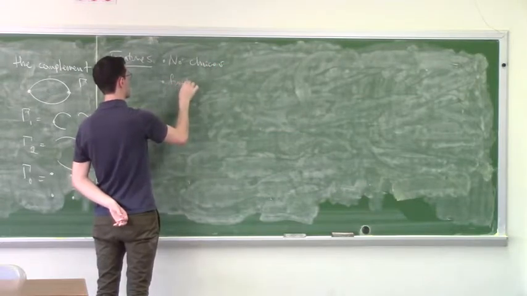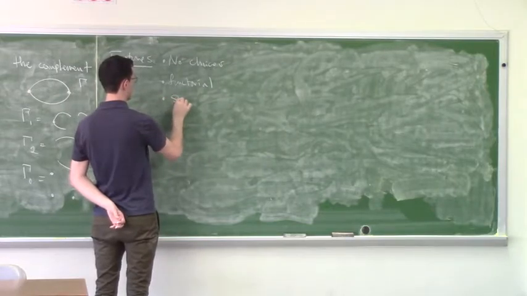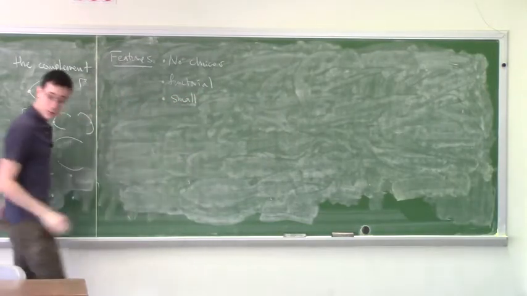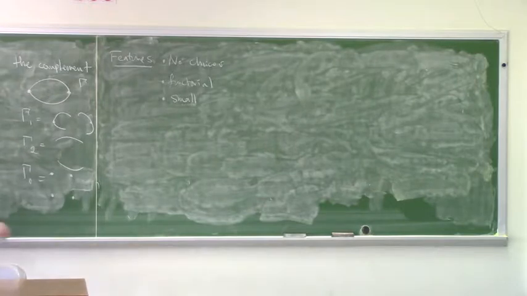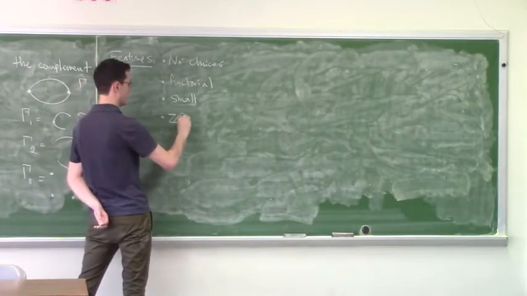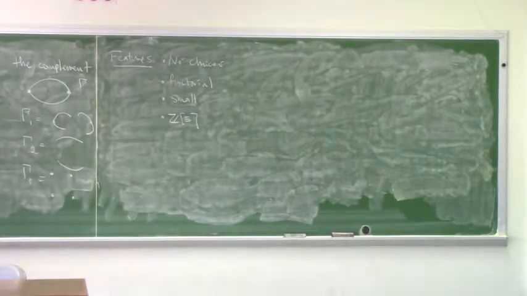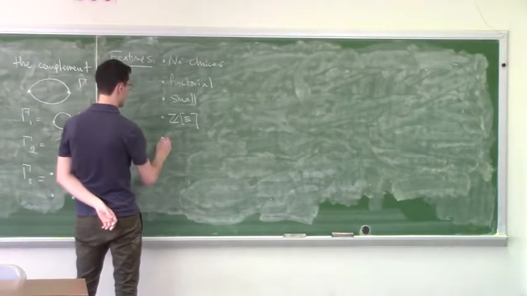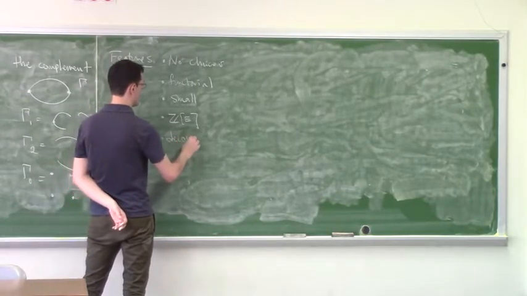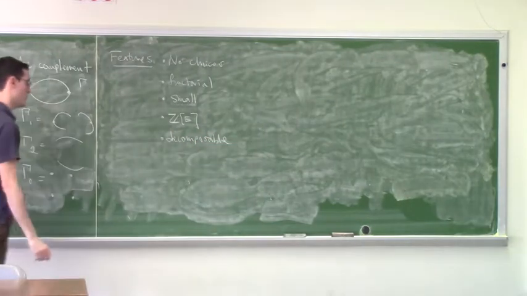It's functorial for inclusions of graphs. It's very small, so one can actually do computations. There's this lovely action of the polynomial ring on the edges, which corresponds geometrically to adding points onto the edges. And it decomposes in the same way that the graph decomposes.